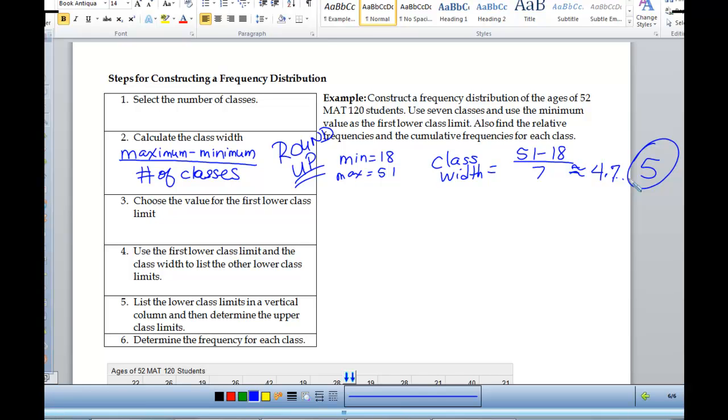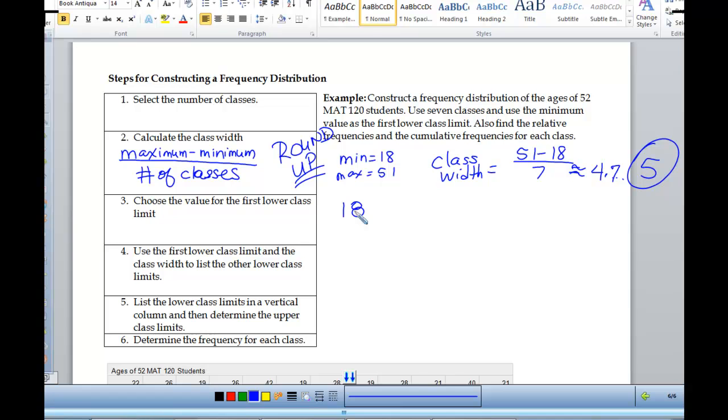So we got our class width. We said it's 5. Now we're going to choose. It tells us the minimum value is the first lower class limit. So 18 is going to be my first lower class limit. Remember, the class width is the difference between consecutive classes. I don't have consecutive classes, but I do have the first value and a width, so I can use that to get the next one.